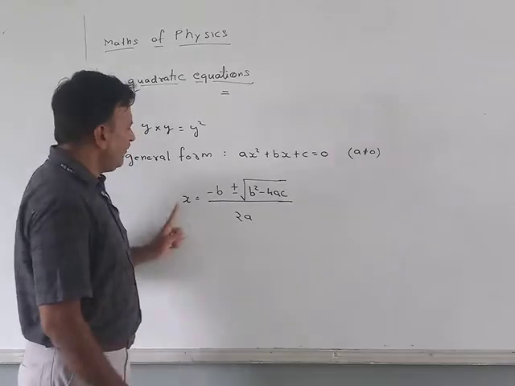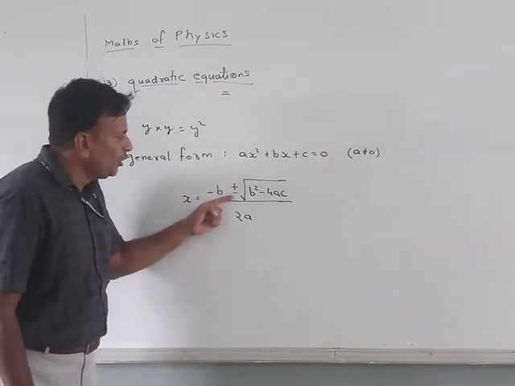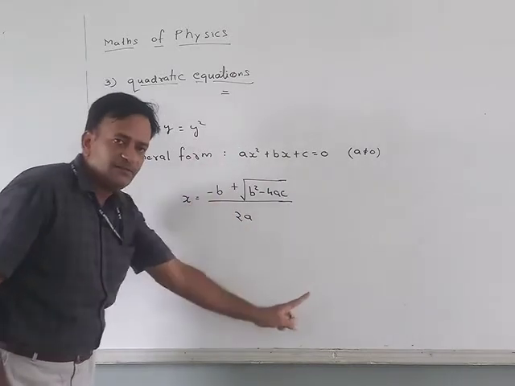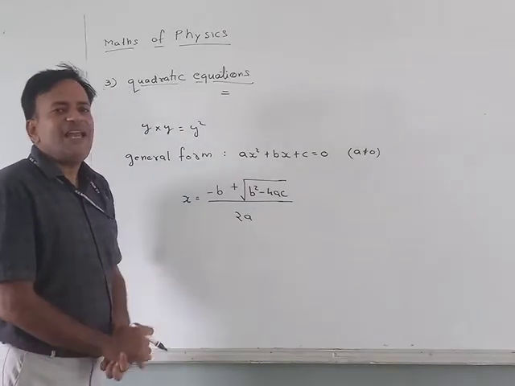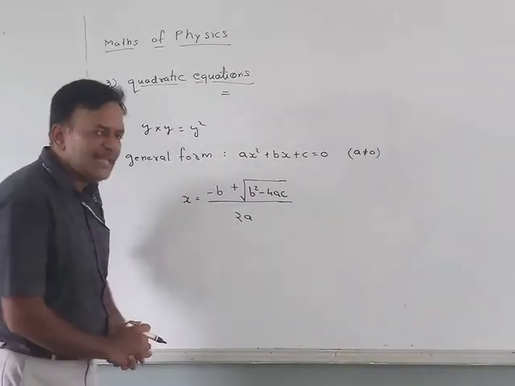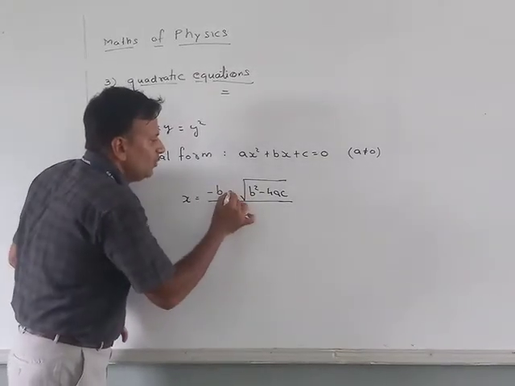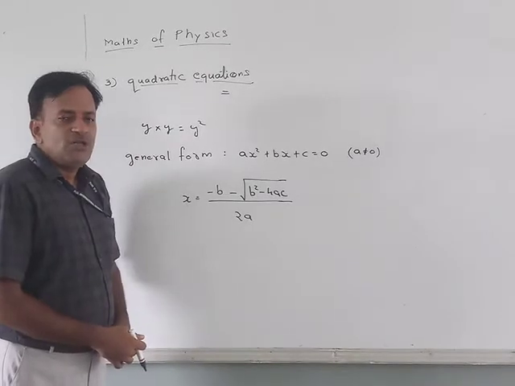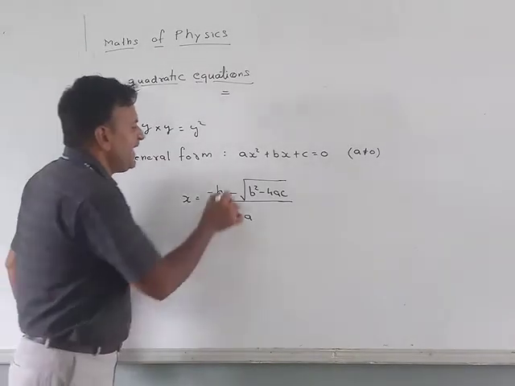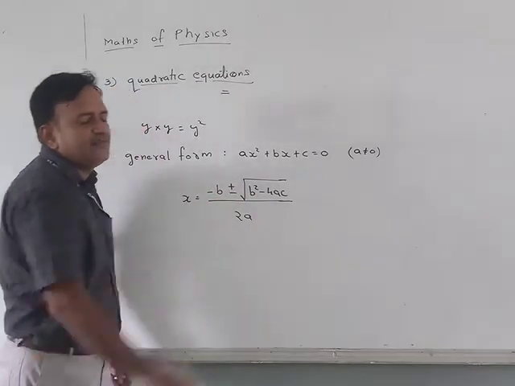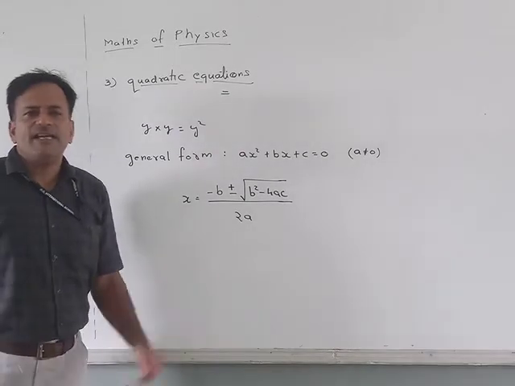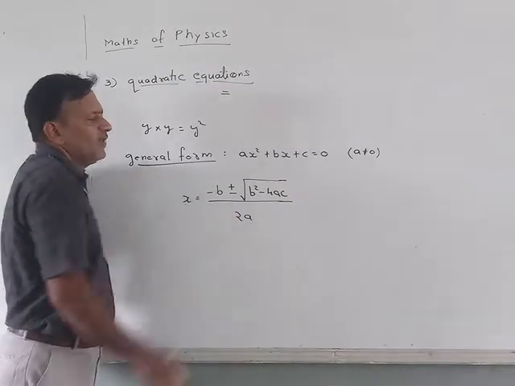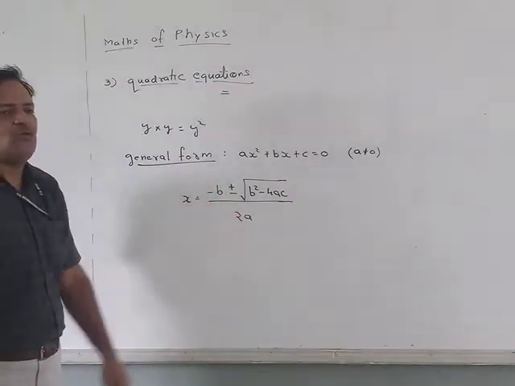One value of x you will get when you do the plus operation, and another value of x you will get with the minus operation. So there are in fact two values of x. You already know this: this is the general form of quadratic equation and this is how to find the values of x.